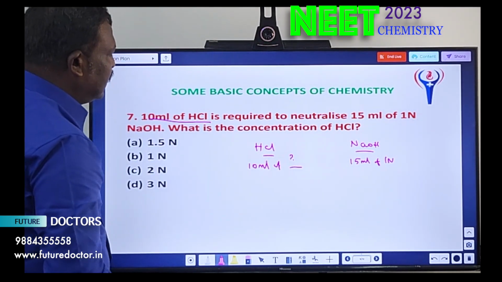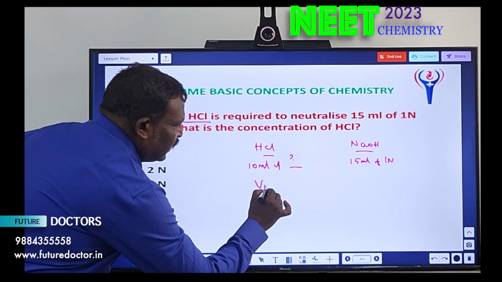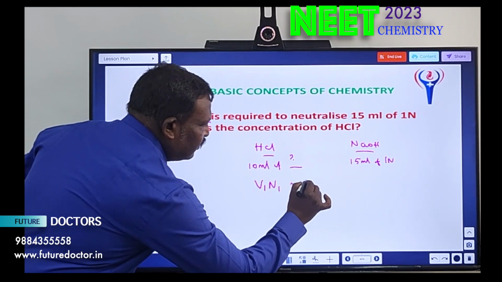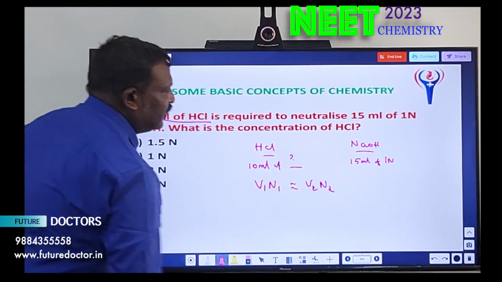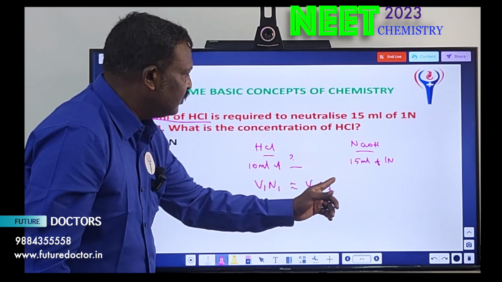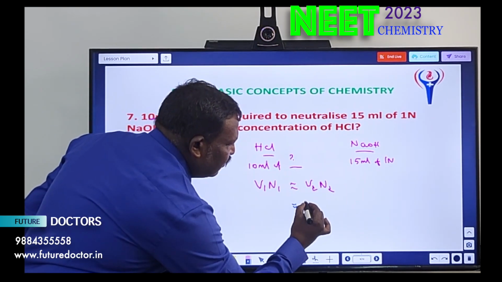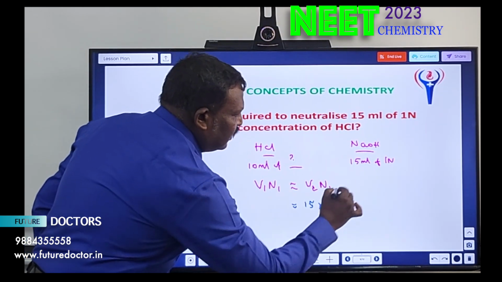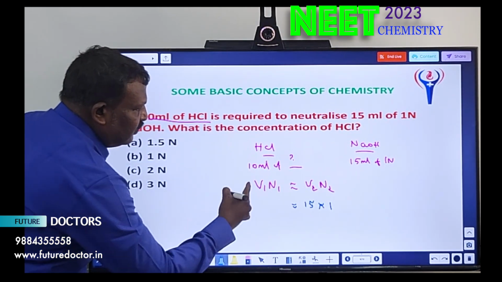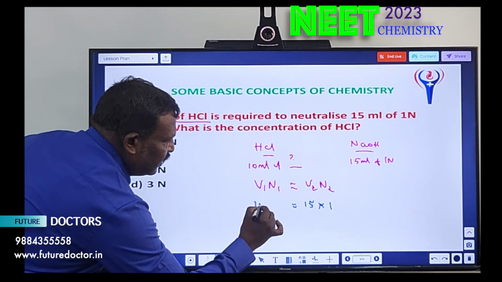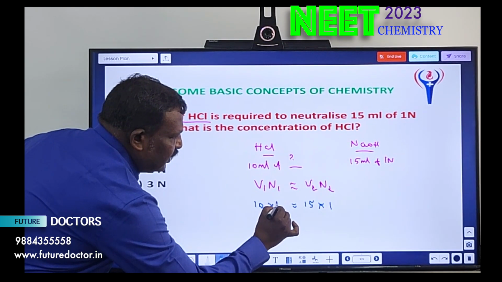Understood? So I considered V1 N1 is equal to V2 N2. Here this side, everything is given. Volume is 15, normality 1. On the left hand side, volume we only know, 10. So N1 we don't know.